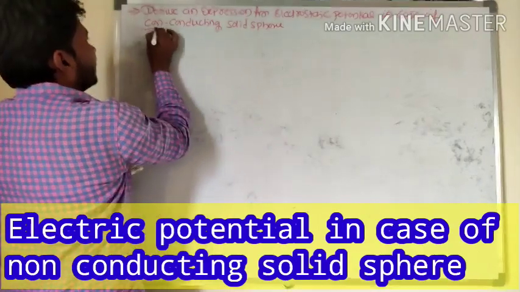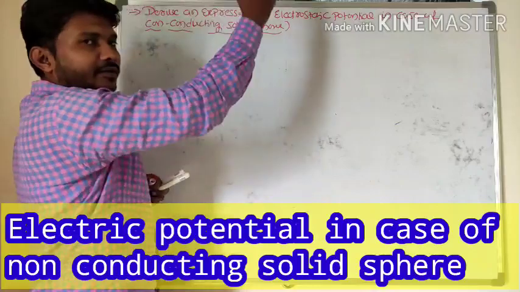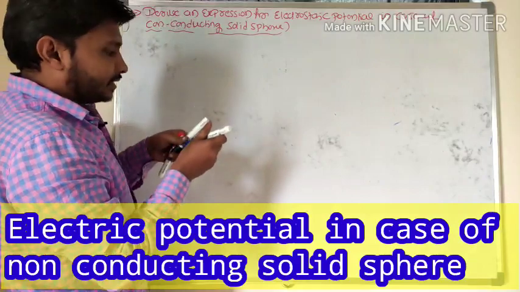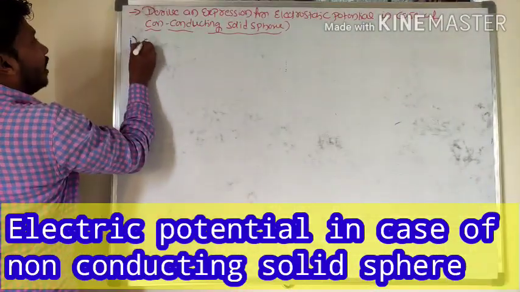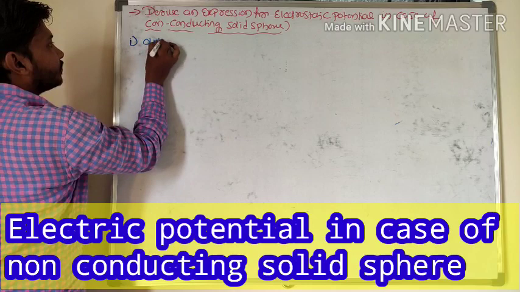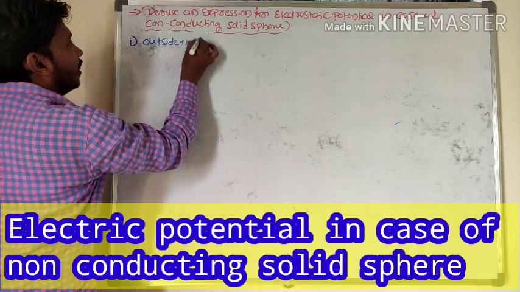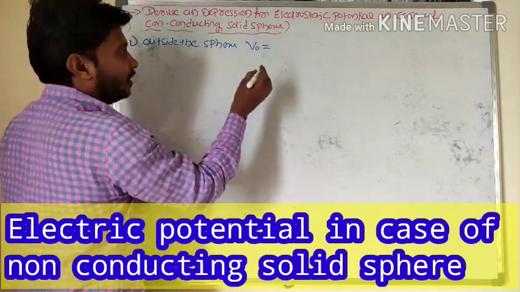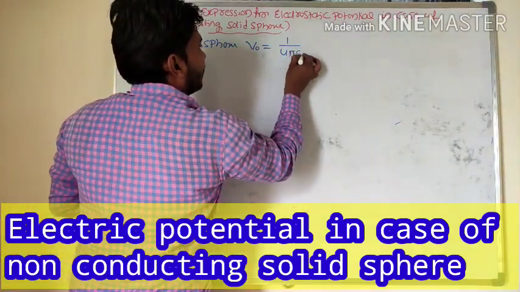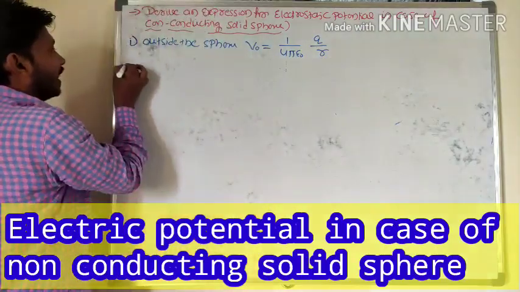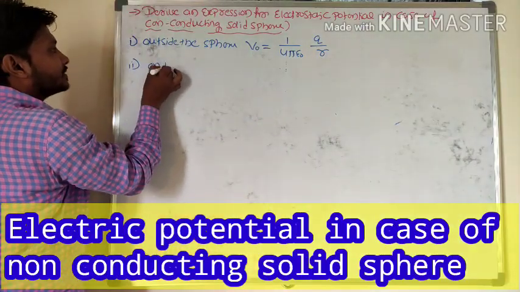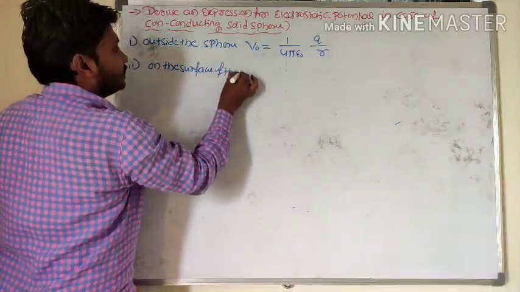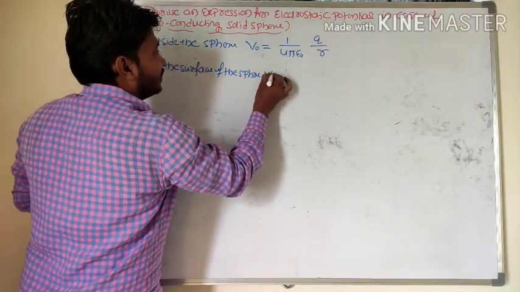So I said that in case of a conducting solid sphere we have the same value as in case of a hollow sphere, but in case of a non-conducting solid sphere also, outside the sphere it has the same formula, V is equal to 1 by 4 pi epsilon naught q by r, and on the surface of the sphere also it has the same formula.